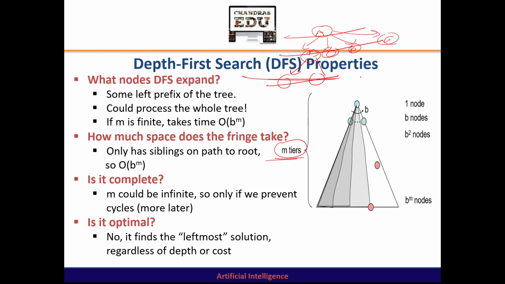Initially, whenever we take the first level, that is nothing but one node, which is the first node A. In this example, we can take A as the one node. And at the next level, there can be B nodes. So B can be 2, it can be 3, like that, it can take any number.